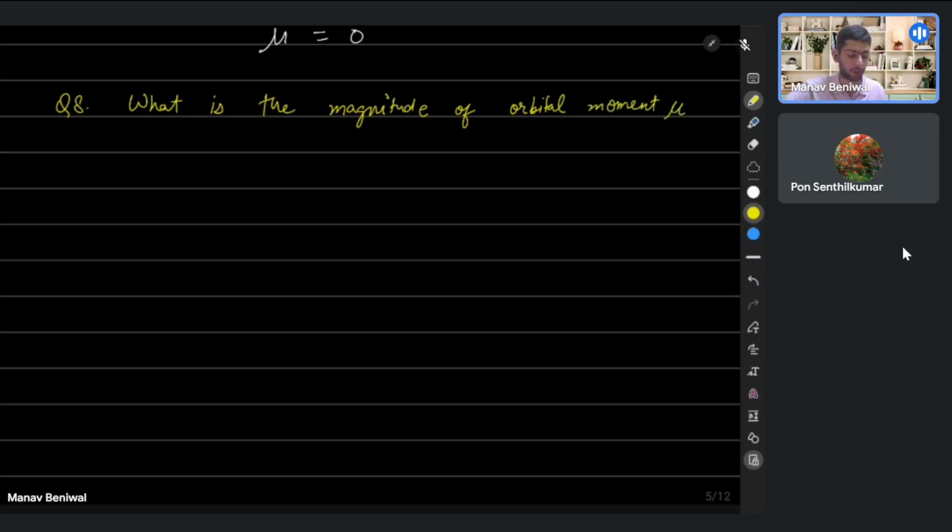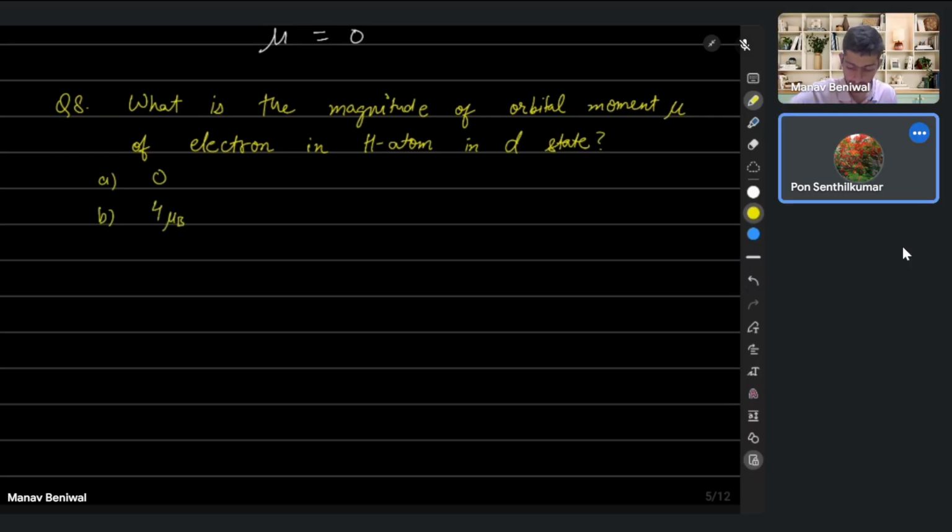Okay, again, you have to find out the magnitude of mu, same thing, of electron in hydrogen atom, again, same system, but this time it is in D state. Earlier it was in S state, right? This time it is in D state. And I am writing the options here. Tell me which option is correct, okay? It's easy now. We solved just the very same problem. Now you have to just change a few things and you will get the answer.